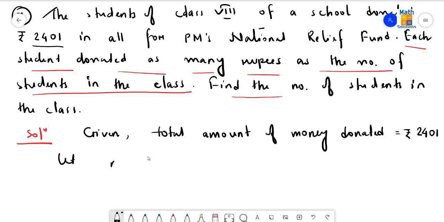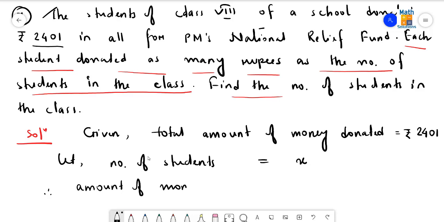Let the number of students be equal to X. Therefore, the amount of money donated by each student is also equal to X. Why so? Because in the condition it is already given that the number of students is equal to the amount of money donated by each student of the class.